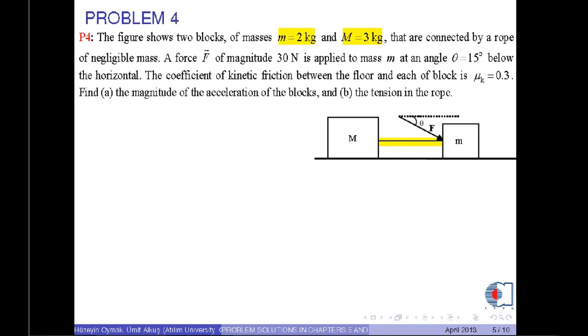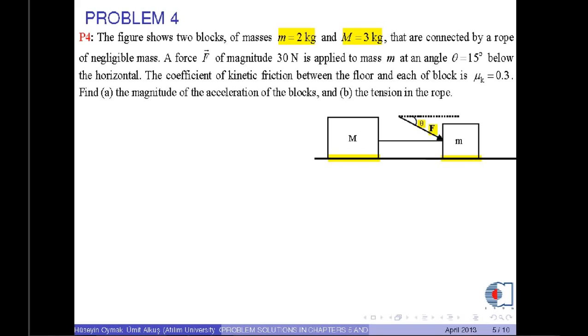A force F of magnitude 30 newtons is applied to mass small m at an angle theta, which is 15 degrees below the horizontal. The coefficient of kinetic friction between the floor and each block is 0.3, denoted by mu k.